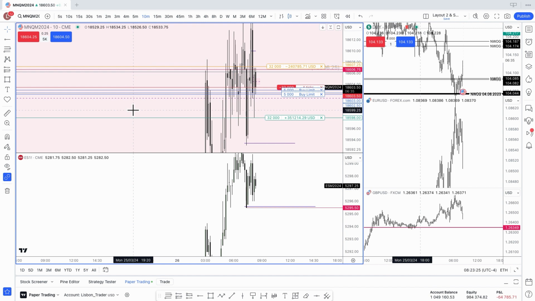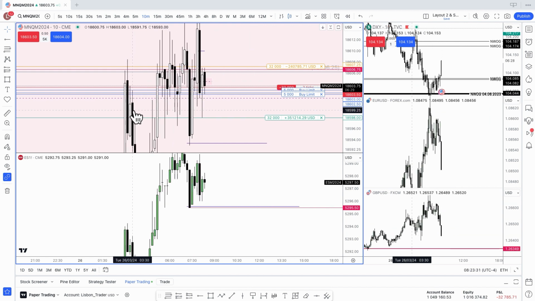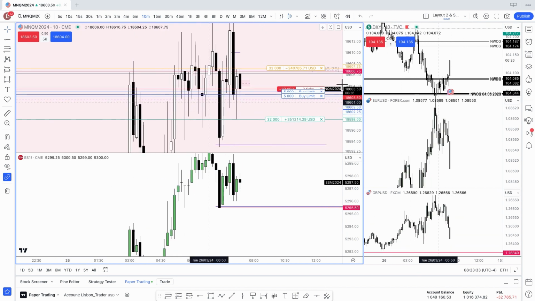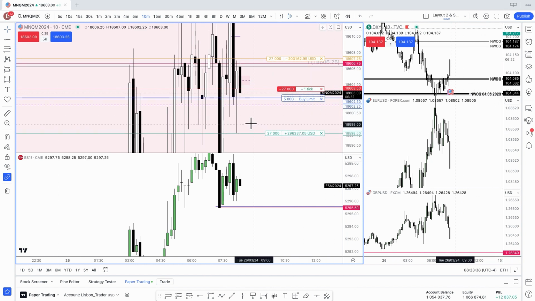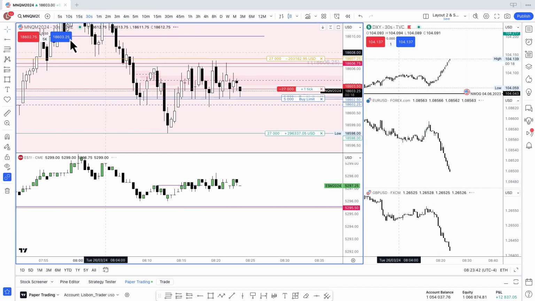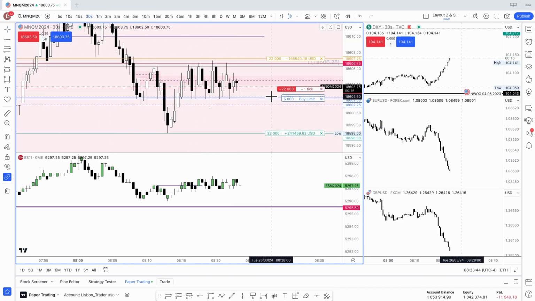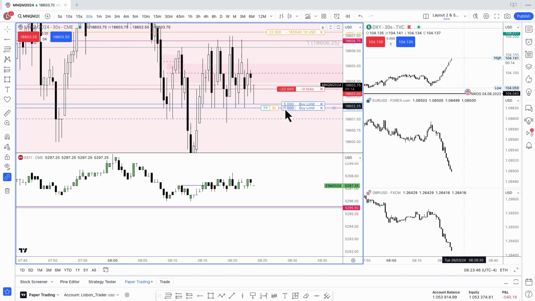What a messy price. It's refusing to go lower, while the DXY is really pushing. Now, finally, 8:25, we'll see some macro movement. So let's wait for it.